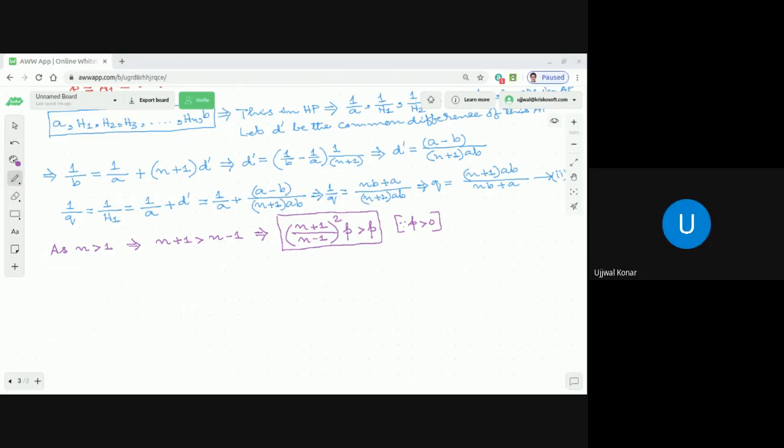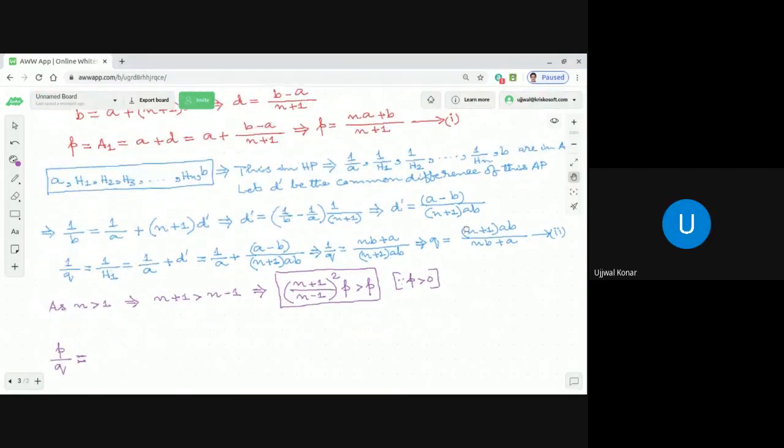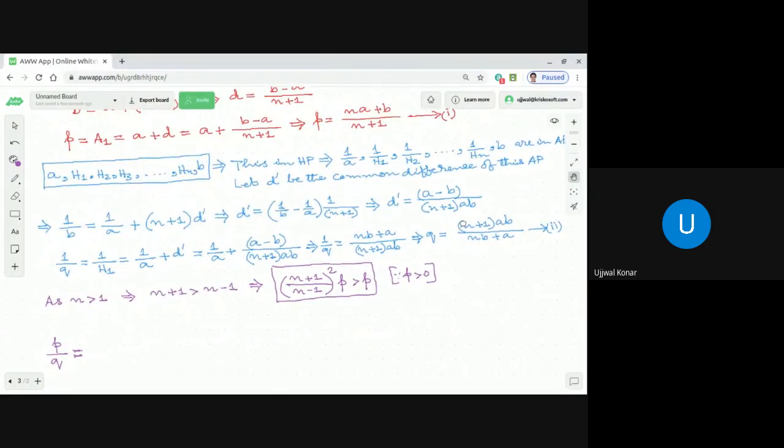To show this, what are we going to do? Let's do p by q. If we find the value of p by q, what is the value from equations 1 and 2? From equation 1, p is equal to (na plus b) by (n plus 1).